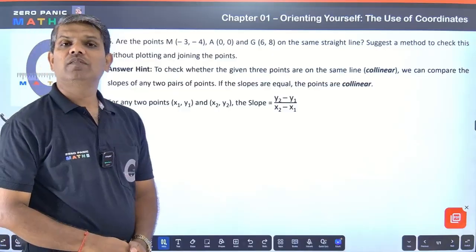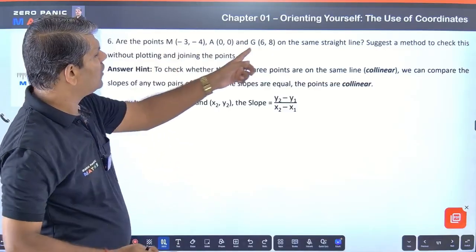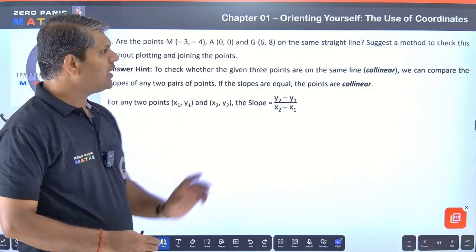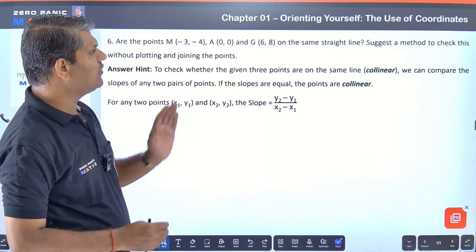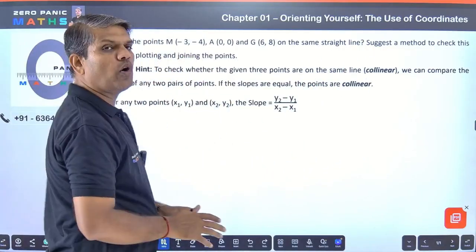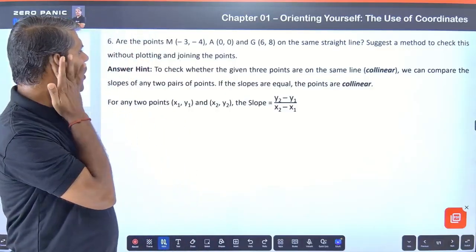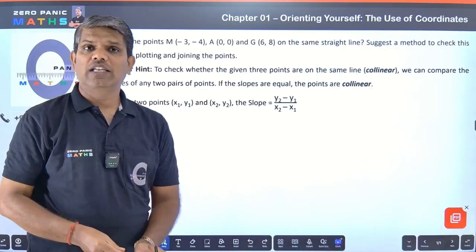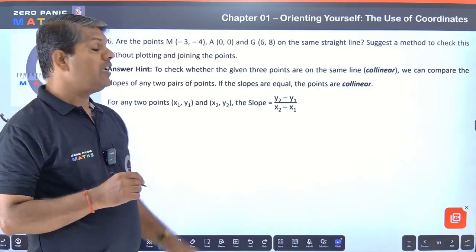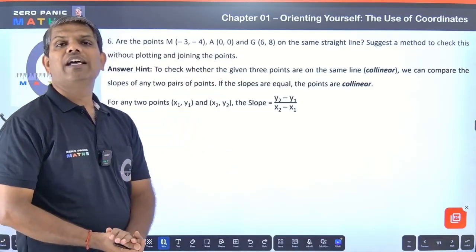Thereby we can know whether all these three points come on the straight line or not. But in this problem they have specifically mentioned that we should not be plotting and joining the points to know whether these points are on the same line or not. Then what is the different method that we need to identify whether these 3 points are on the same line or not?